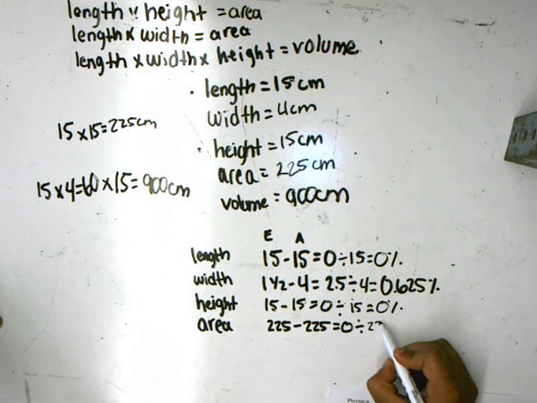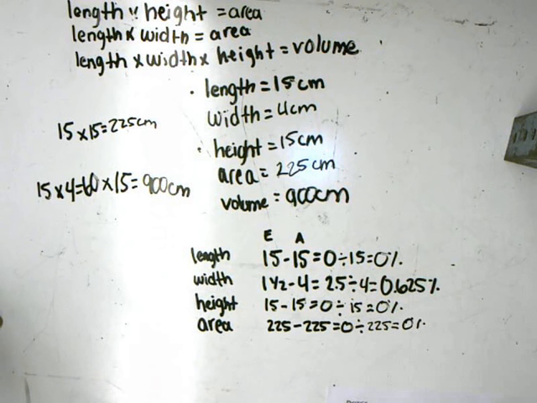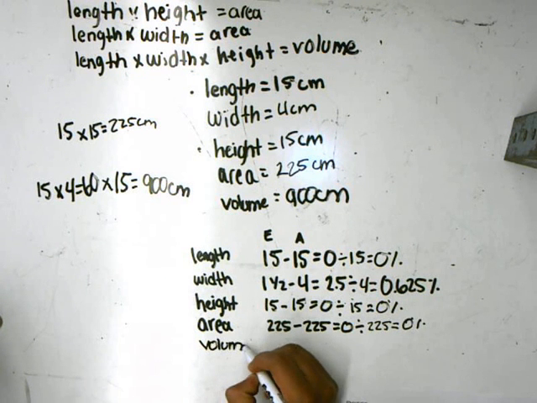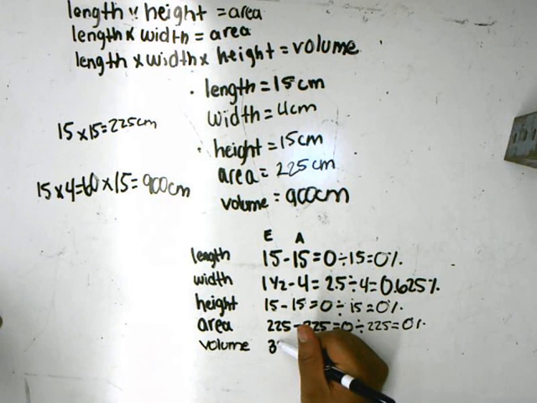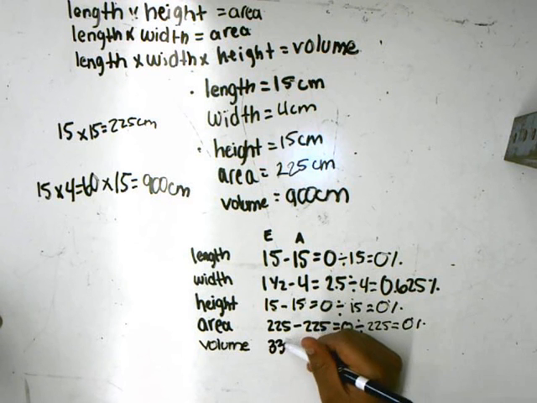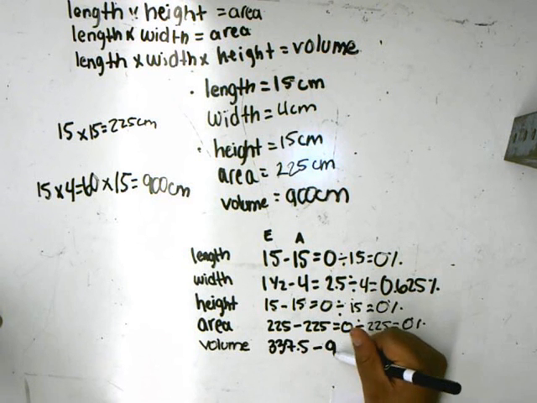I estimated 337.5 minus the actual, which was 900, and the difference of that is going to be, again using my calculator, 562.5.